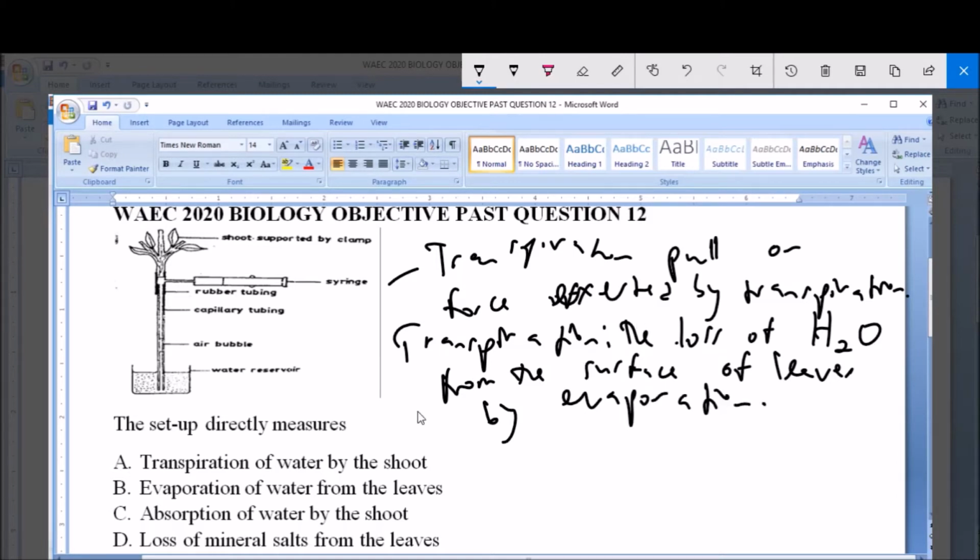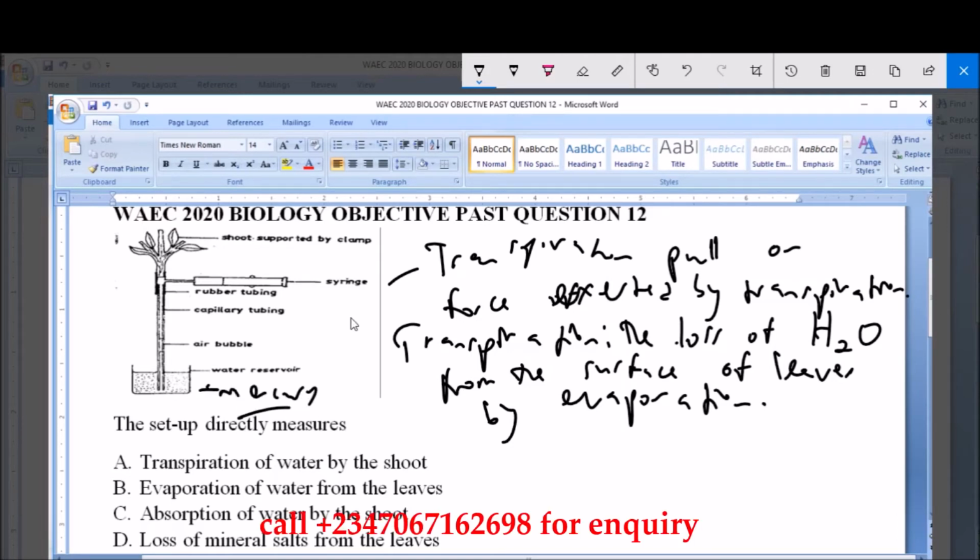So this setup is used to demonstrate the force exerted by transpiration, and as is shown here, you have a reservoir containing water or some other liquid. You could also have mercury contained in the reservoir.